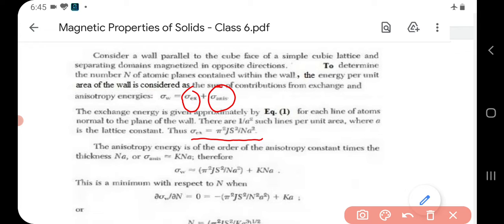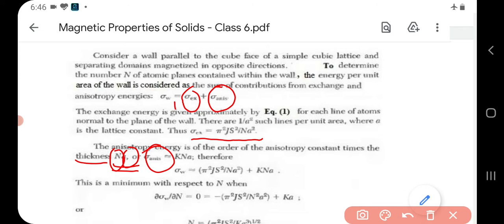Now anisotropy energy is of the order of the anisotropy constant times the thickness. So that is the anisotropy constant K times the thickness n a, or we can write anisotropy energy sigma_anis equal to K n a.